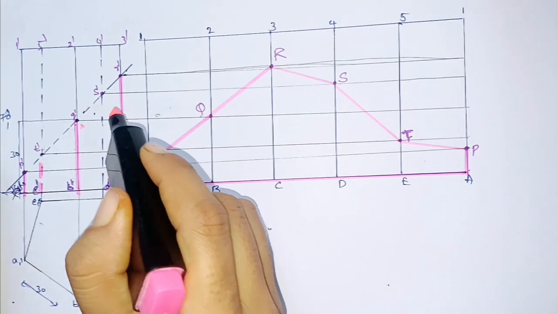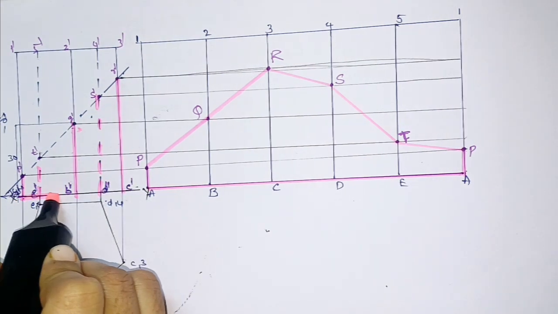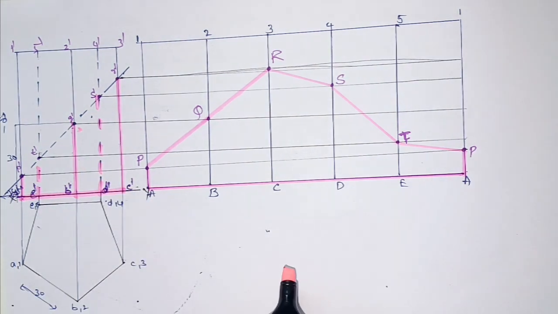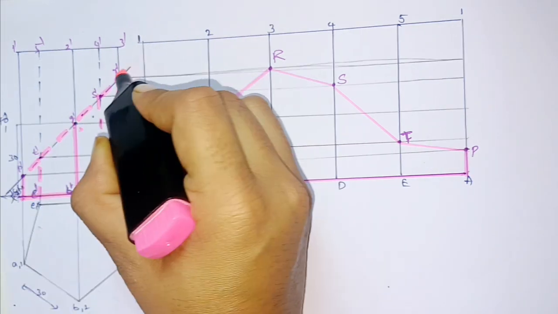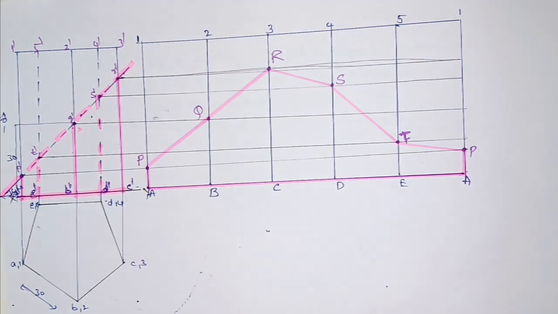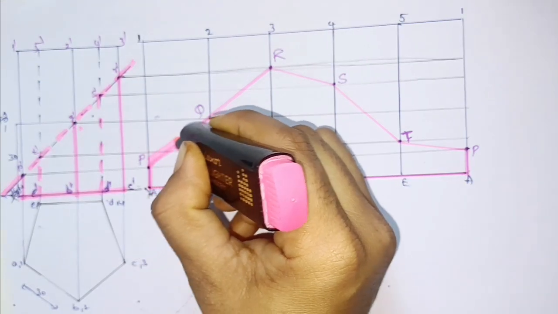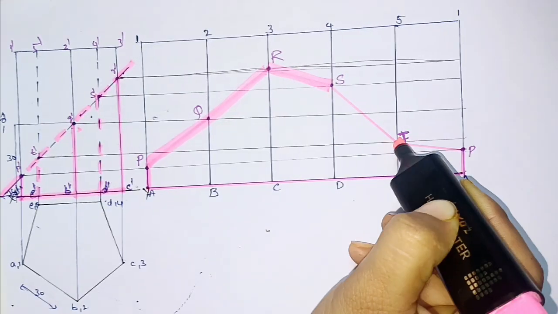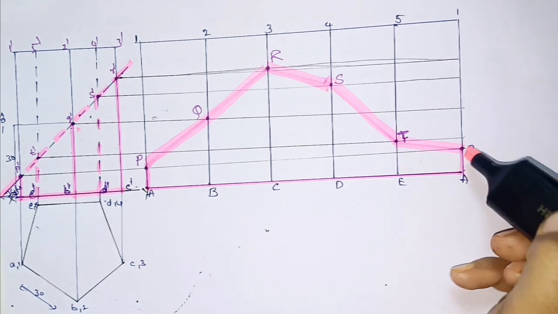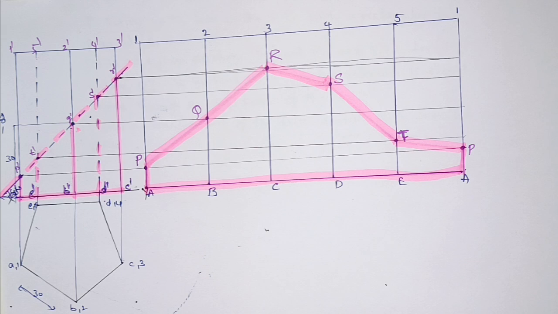Next dotted lines, and this line also you have to draw as a dark line. This one also dark. They should be dark. This one, this should be dark. This is the pentagonal prism.